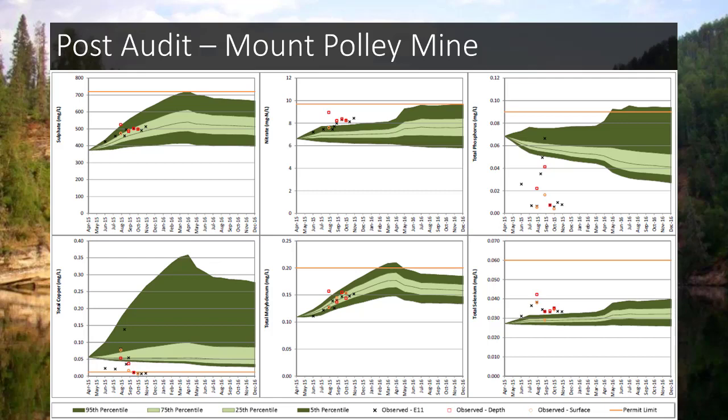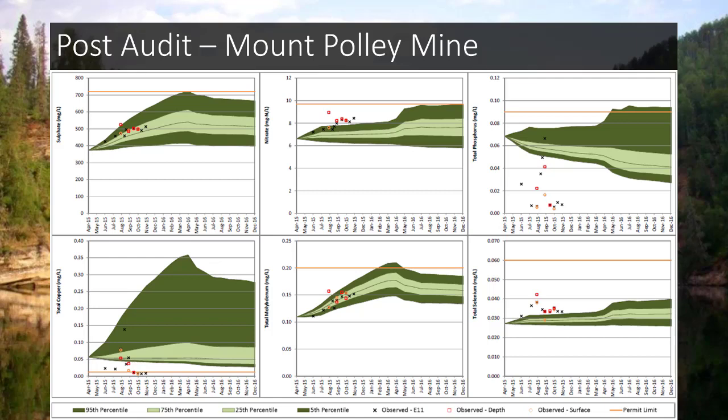These predictions were made in April of 2015, and they were under an emergency order because water was building up on site. They had a major catastrophe happen with their tailings dam, but the water had to be treated and discharged, so we did this model in a bit of a rush, hoping to come up with something fairly accurate. We weren't really sure how it would turn out.